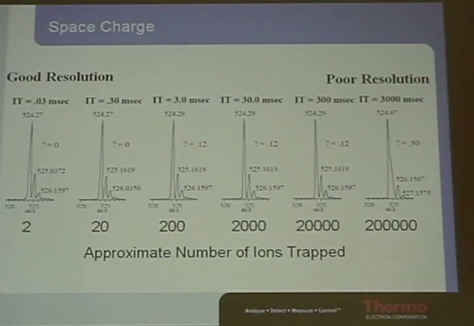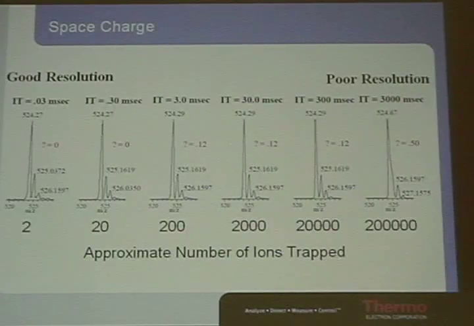Does that make sense? What are you doing? I'm looking at the spectra across the HPLC peak. Does that make sense to you guys? So you're doing an experiment where you vary the number of ions in the trap? Right, because as the HPLC peak elutes, you'll have a number of ions in the trap, correct?